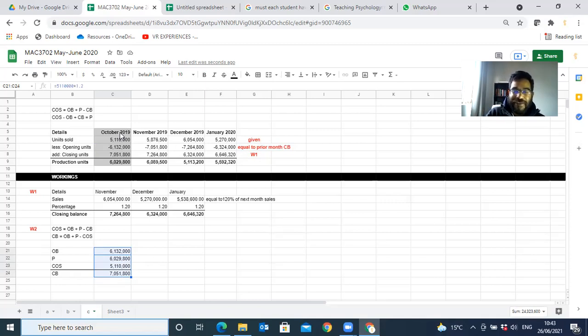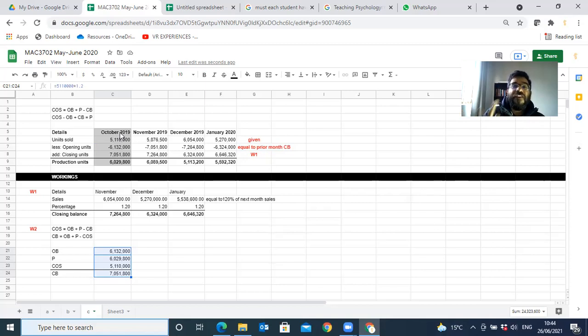I just need to check for myself because why I'm aware of this is that in a CTA exam, although they gave me the information to tell me that closing inventory is 1.2 of next month's sales, there was no need for them to tell me that production units is 6029 for October.